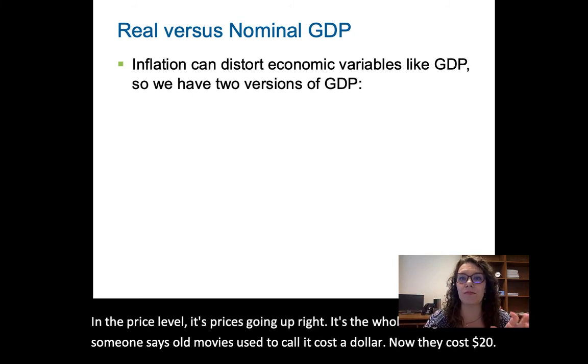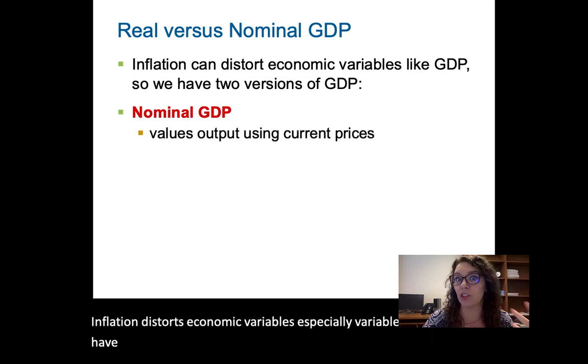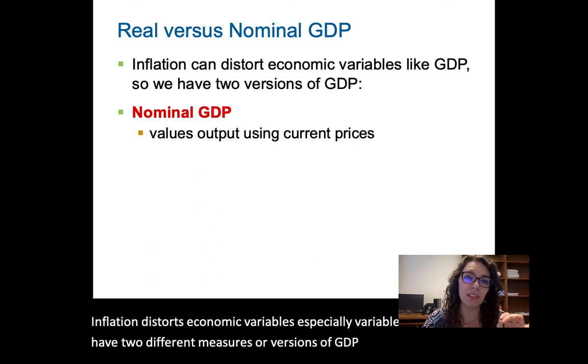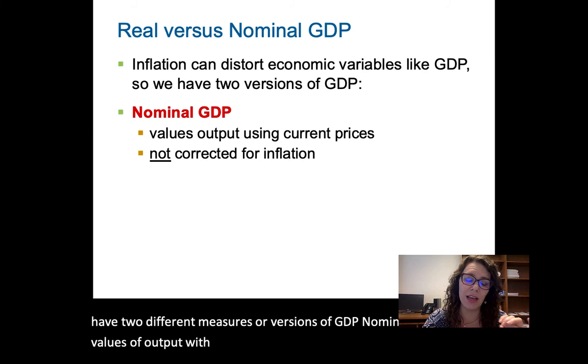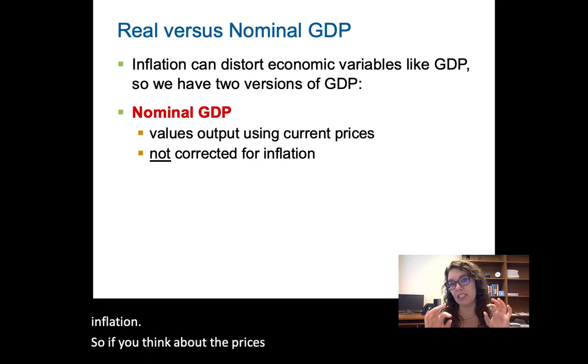Inflation distorts economic variables, especially variables like GDP. So we have two different measures or versions of GDP. Nominal GDP uses the values of output with current prices, and it does not correct for inflation. So if you think about the prices we all perceive today, those are nominal variables, right?